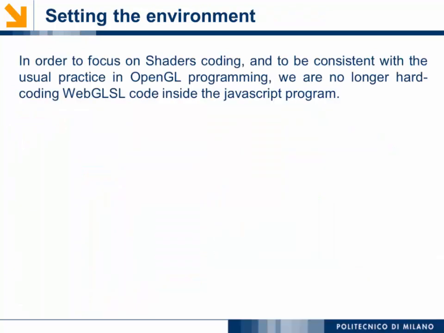In order to focus on shaders coding and to be consistent with the usual OpenGL practice in programming, we don't want to hard code any longer inside the JavaScript code the part related to GLSL. So this means basically to have the shaders code in two separated files, not JavaScript files, GLSL files.